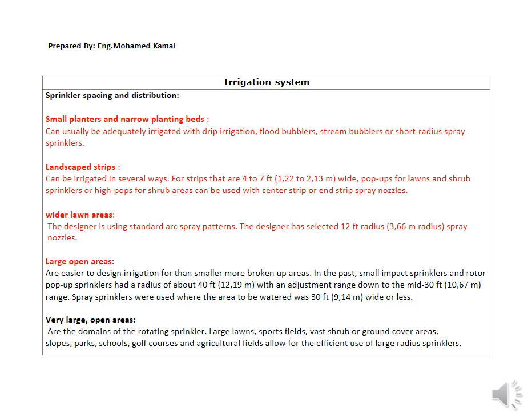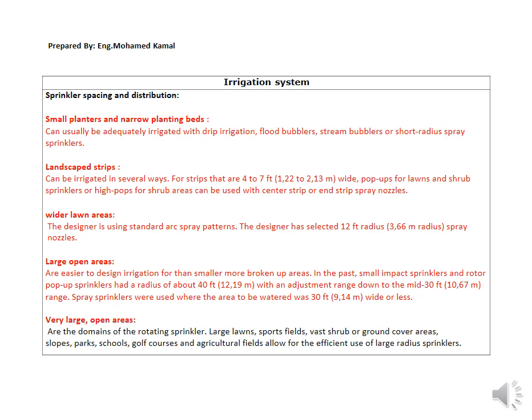Large open areas are easier to design irrigation for than smaller ones. Most in the past use a small impact sprinkler rotor type, which has a radius of about 12 meters, with an adjustment range up to 10 meters. Spray sprinklers were used where the area to be watered is 9 meters wide or less.